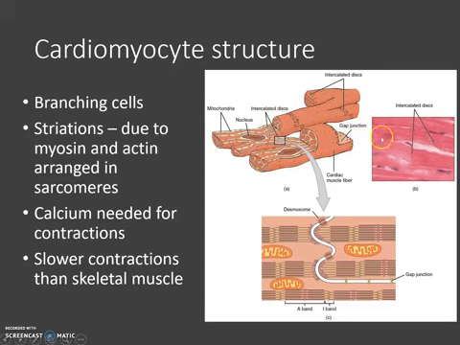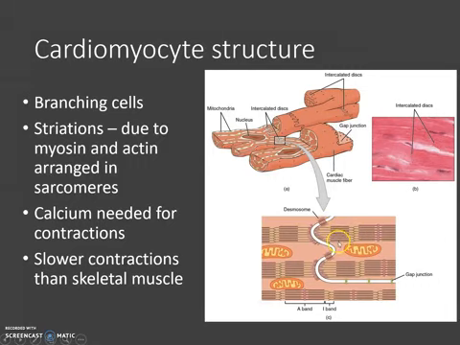There are striations. It's hard to see in the picture here, but the striations are due to the arrangement of actin and myosin. Think back to skeletal muscle and how it contracts. Cardiac muscle contracts in a very similar way, where myosin and actin arranged in sarcomeres slide across each other to make the cell shorten with force.